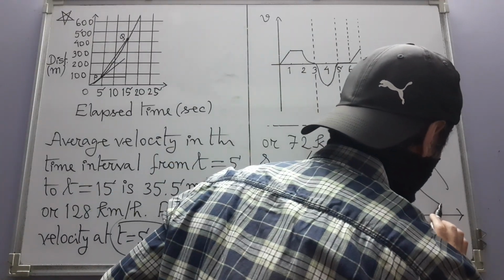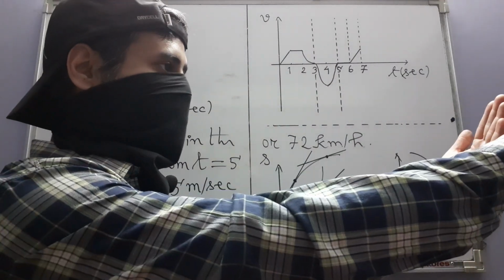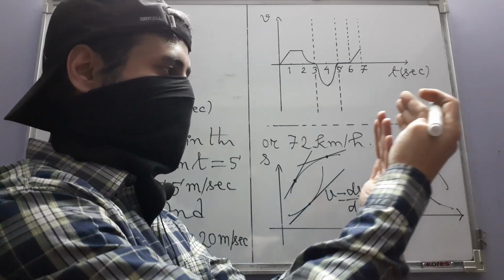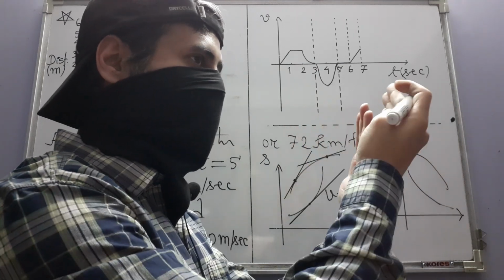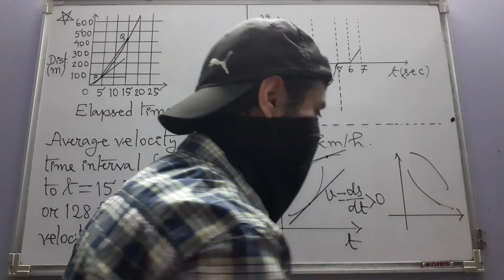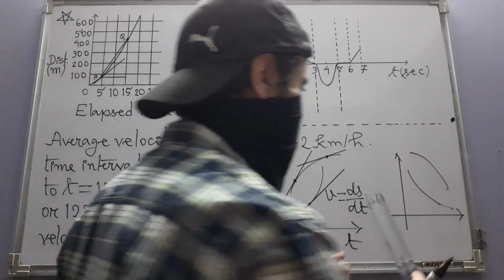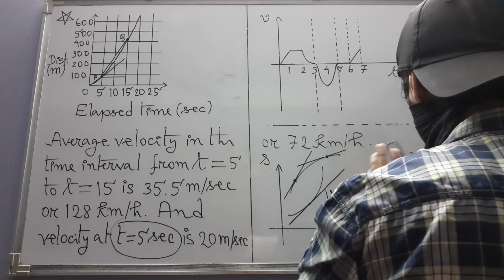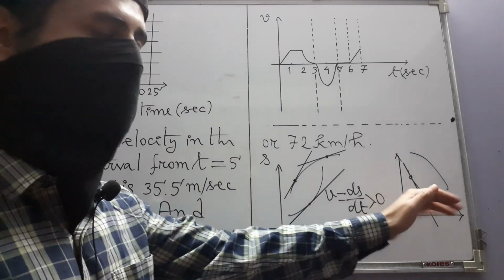In the lower type of graph, as the object is coming towards you, the rate at which it is coming itself slows down. So that's why it's like this. Initially it had high velocity, say at this instant of time, it was really coming like a madman towards you.